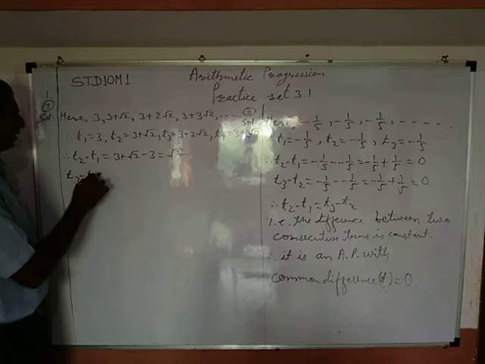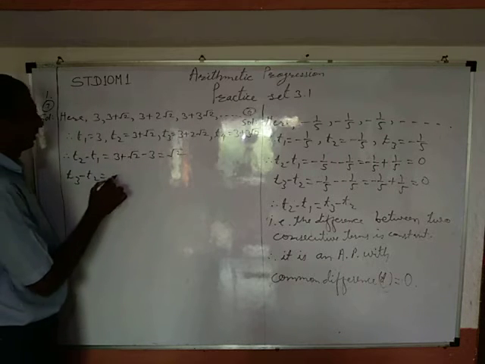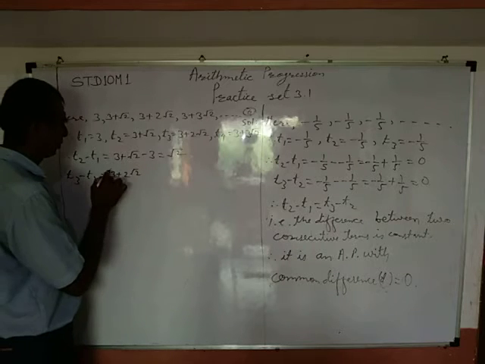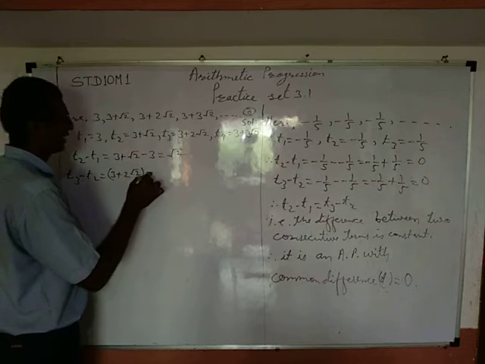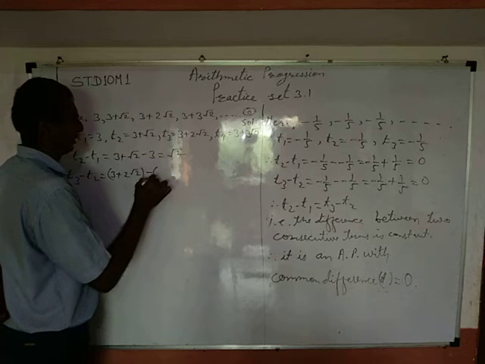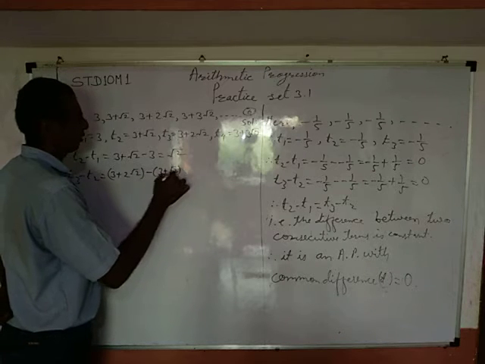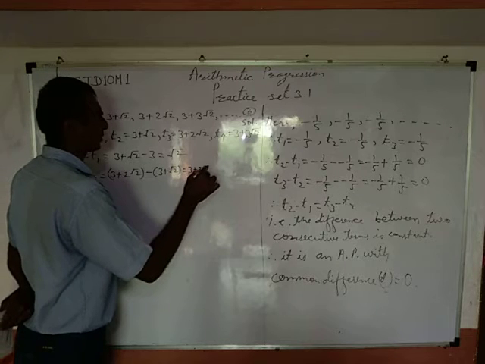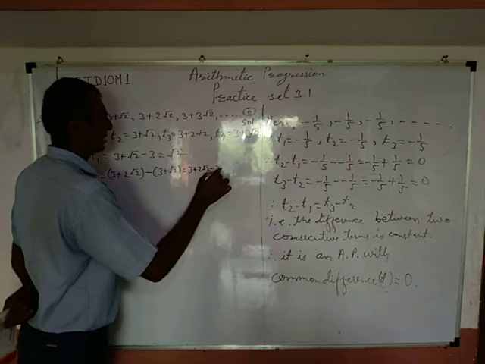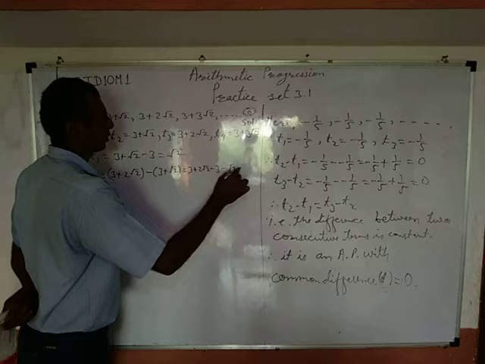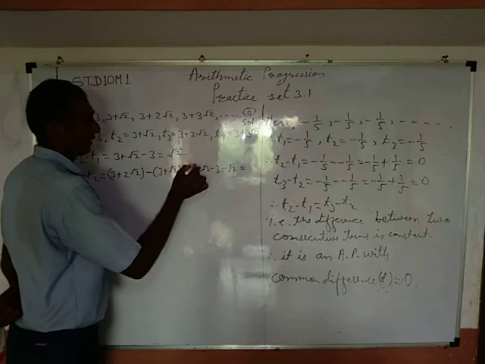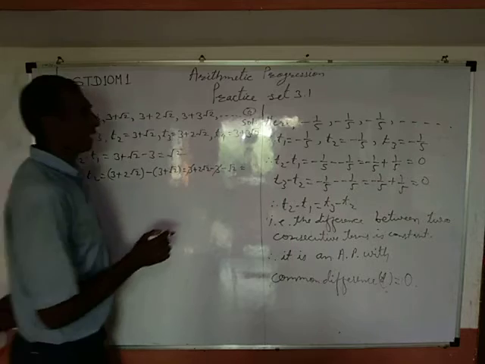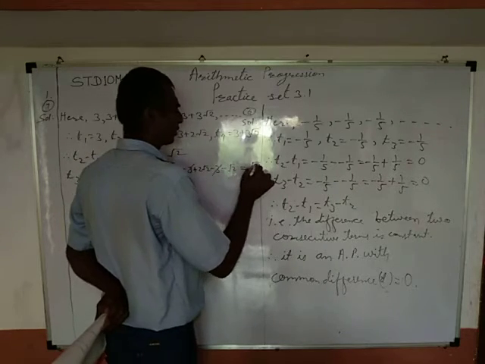T3 minus T2 equals 3 plus 2 root 2 minus 3 plus root 2, that equals 3 plus 2 root 2 minus 3 minus root 2. The 3 and minus 3 vanish each other, and 2 root 2 minus root 2 gives us root 2.